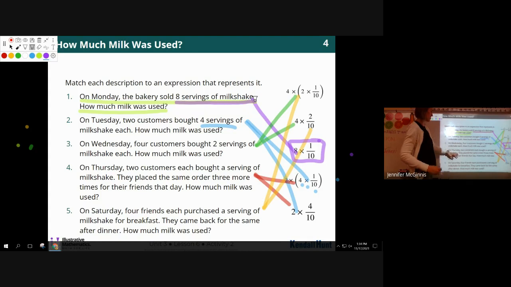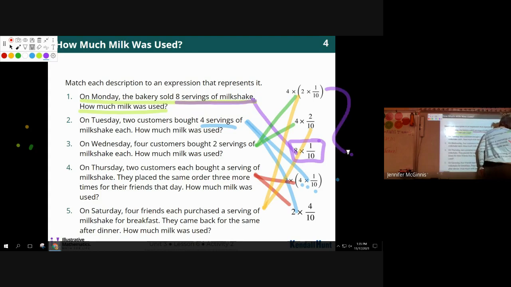All the other ones are talking about 4. 2 customers bought 4 servings. 4 customers bought 2 servings. Do you see what I mean? What I'm trying to get you to do is see which story matches which equation, even though all of these equations equal the same value, which is 8 tenths.